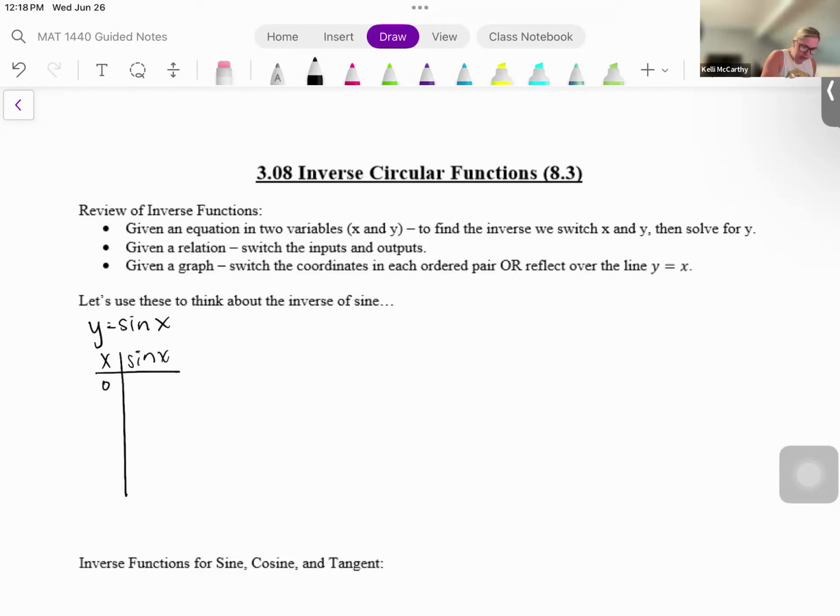So we used x equals 0, x equals pi over 2, x equals pi, x equals 3 pi over 2, and x equals 2 pi. Those were those landmark points that we used. Sine of 0 is 0, sine of pi over 2 is 1. Sine of pi is 0, sine of 3 pi over 2 is -1, sine of 2 pi is 0.